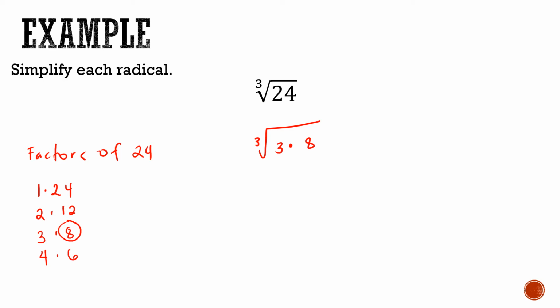After that, get the cube root of 8. The cube root of 8 is 2. So you can rewrite this as 2 cube root of 3. Since there is no factor of 3 where one is a perfect cube number other than 1, your answer is 2 cube root of 3.